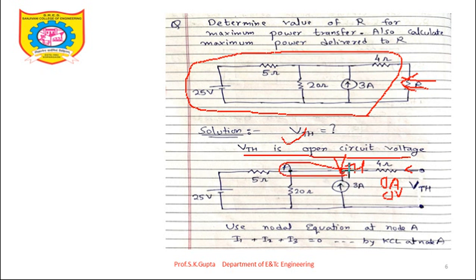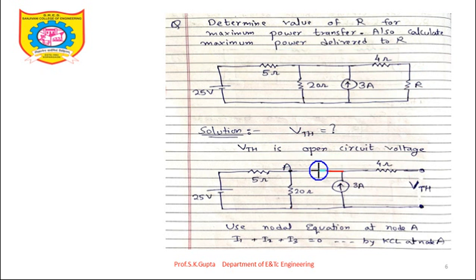So up to this node, the voltage is VTH with respect to ground, because the voltage drop across 4 ohm resistor is 0 because of open circuit. No current, no voltage.